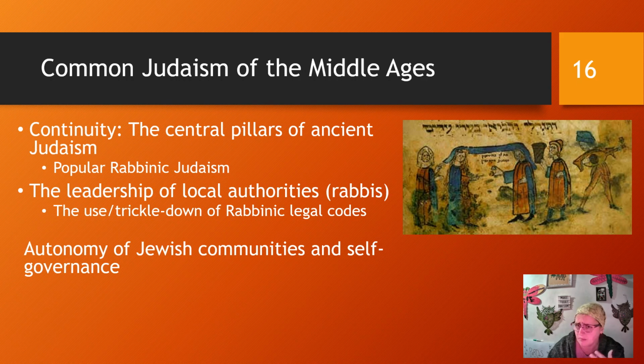So making Sabbath and kosher regulations mandatory, encouraging Torah reading and communal prayer, the prohibition against intermarriage, and the enforcing of ethical monotheism. These all remain central pillars of continuity in common Judaism in the Middle Ages.